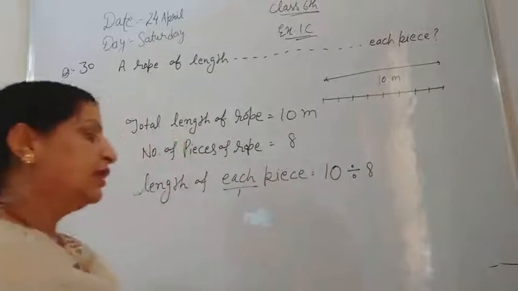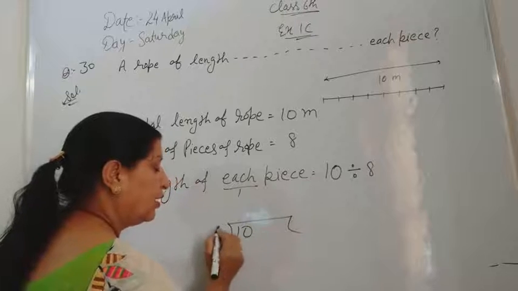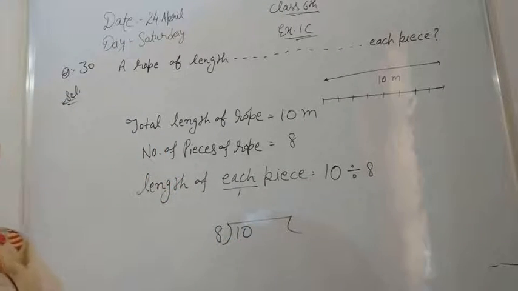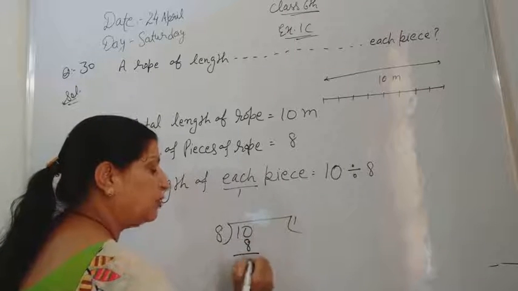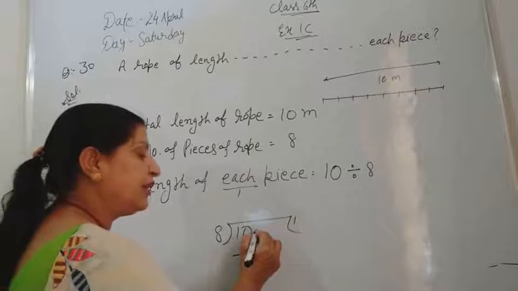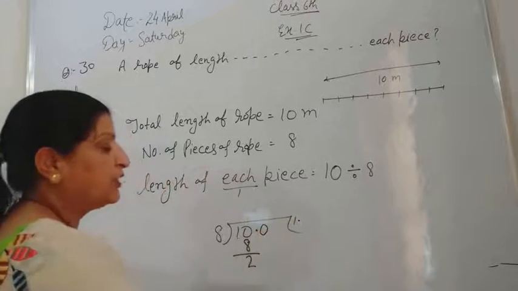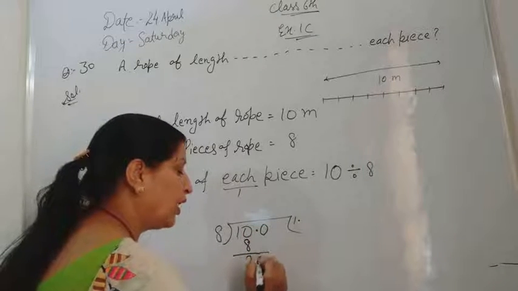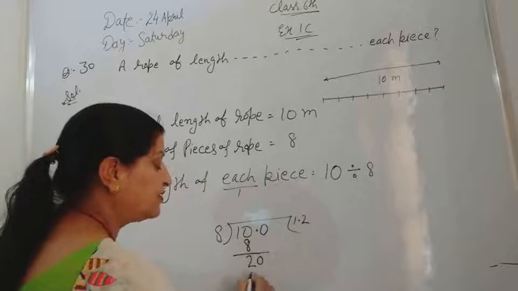Now we see that 10 is divided by 8. So we write 8 1 ja 8. Now the remainder is 2. So we have to put decimal here and here also. And we write here 0. Then 0 comes down and now after dividing we write 8 2 ja 16.